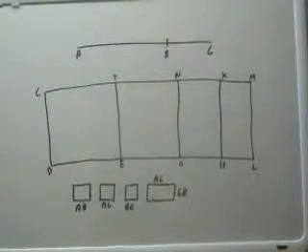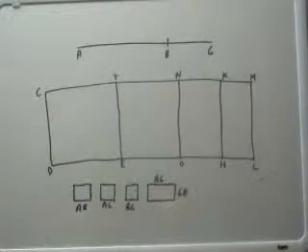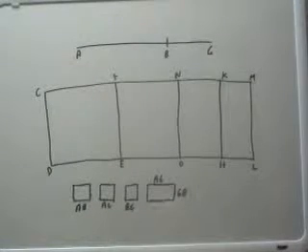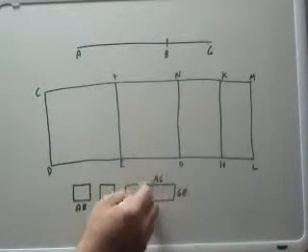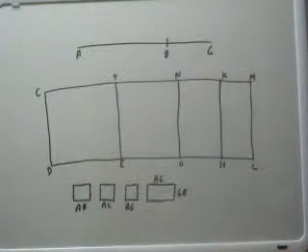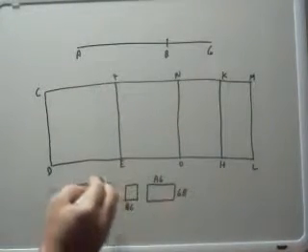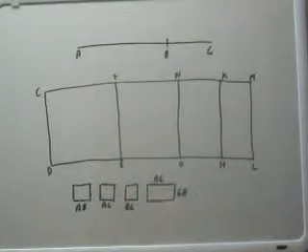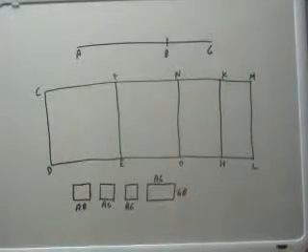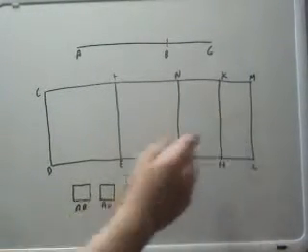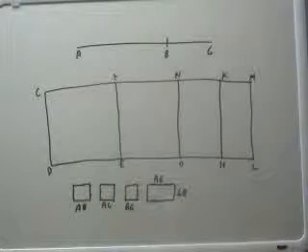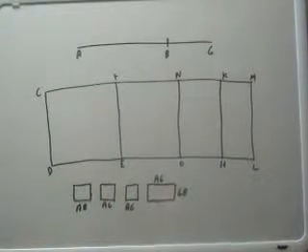I say next that it is also a first apotome. For since the rectangle AGGB is the mean proportional between the squares on AG and GB, so since this rectangle is the mean proportional between this, and CH is equal to the square on AG, so this plus this is equal to this, and KL is equal to the square on BG, this is equal to this, and NL is equal to the rectangle AG and GB.